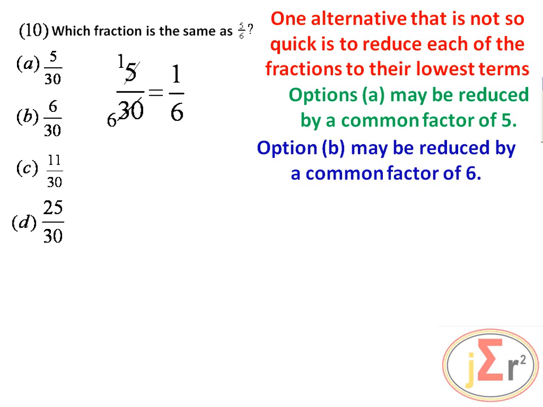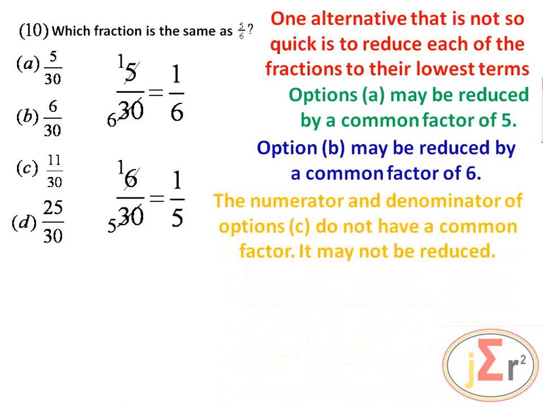So 6 divided by 6 is equal to 1, and 6 into 30, we will get 5. So the result is 1/5.